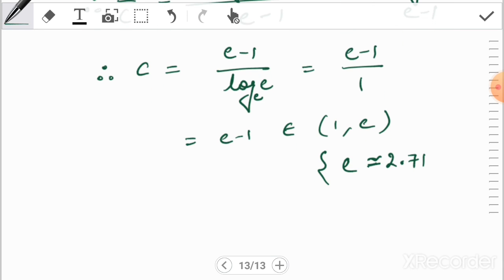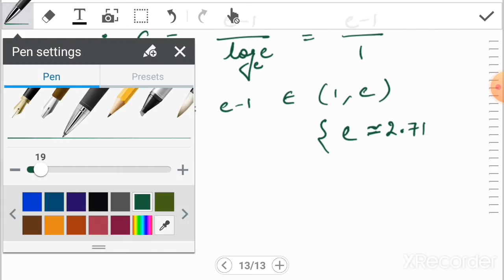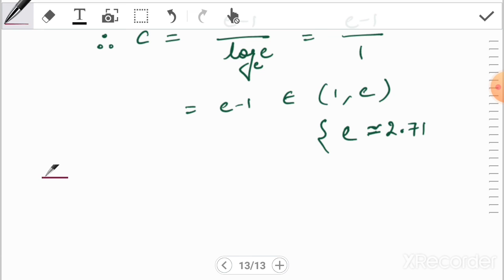Okay, now next is Cauchy's mean value theorem.